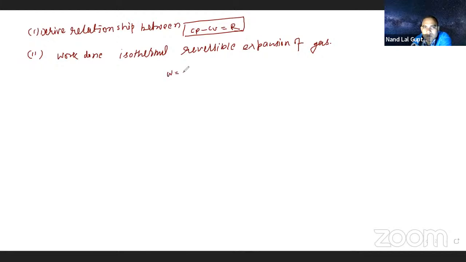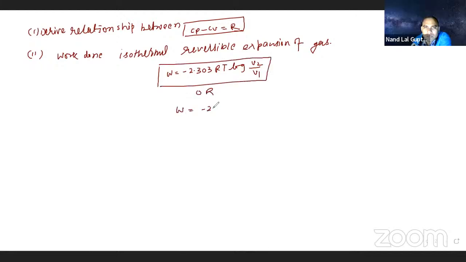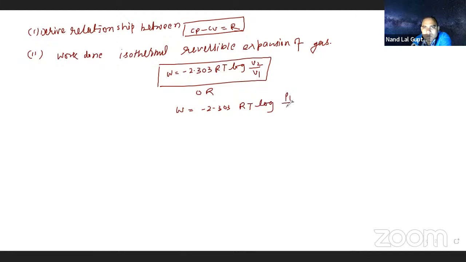Here W is equal to minus 2.303 RT log V2 upon V1. Or W is equal to minus 2.303 RT log P1 by P2. Either way you can derive it.